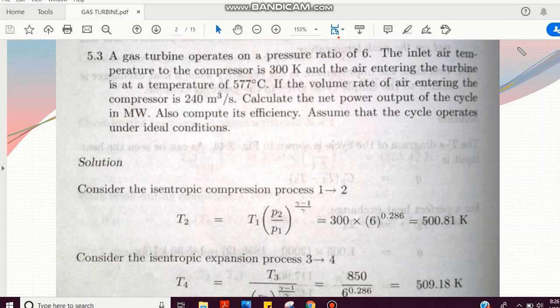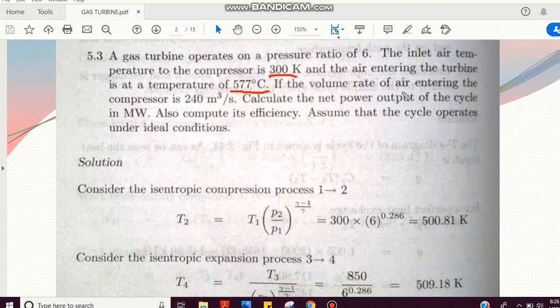So in this first numerical, it says that a gas turbine operates on a pressure ratio of 6. The inlet air temperature to the compressor is 300 Kelvin, and the air entering the turbine is at a temperature of 577 degrees Celsius.